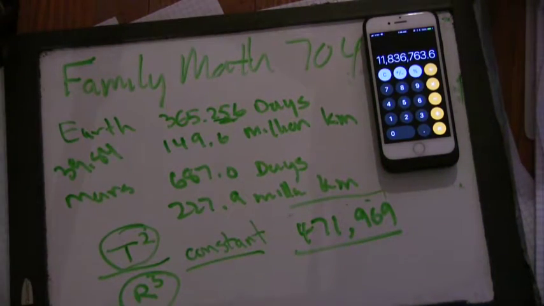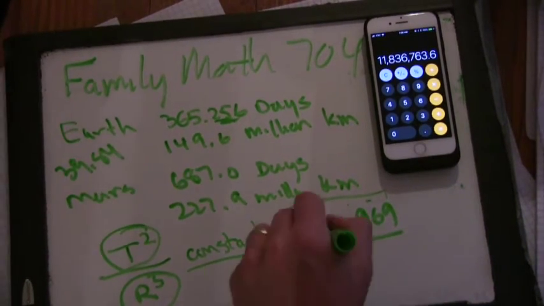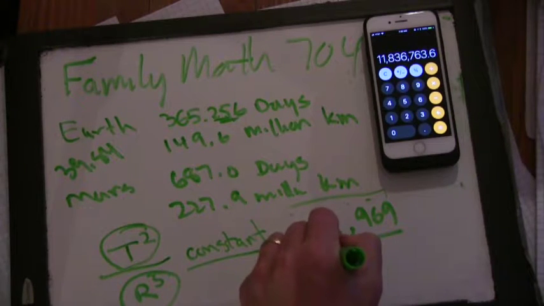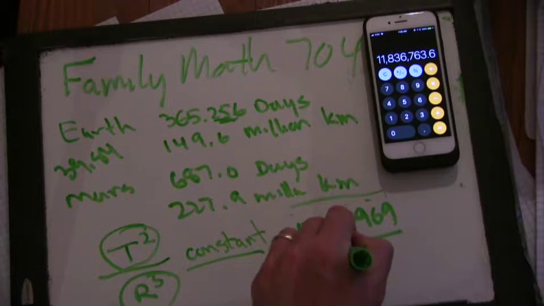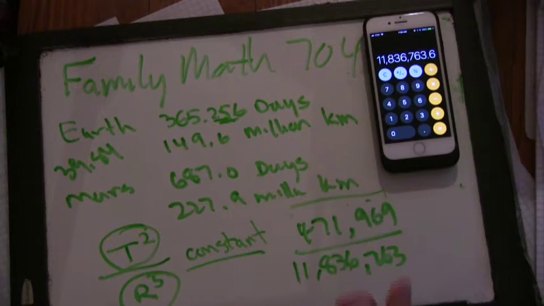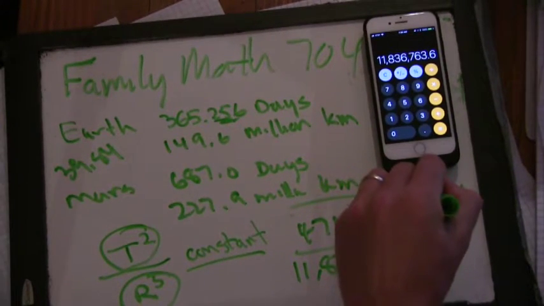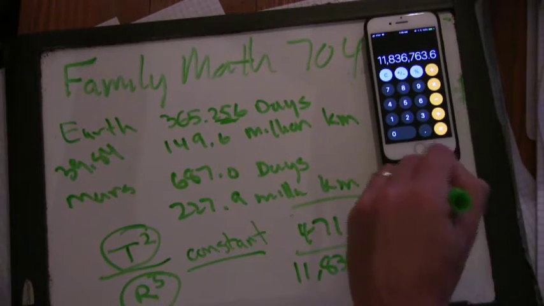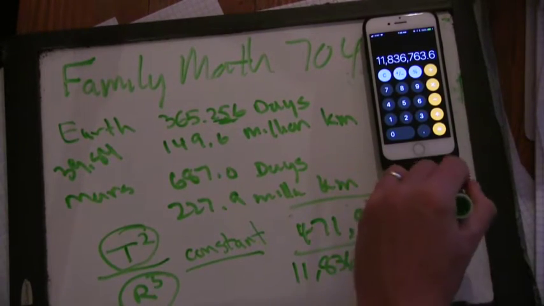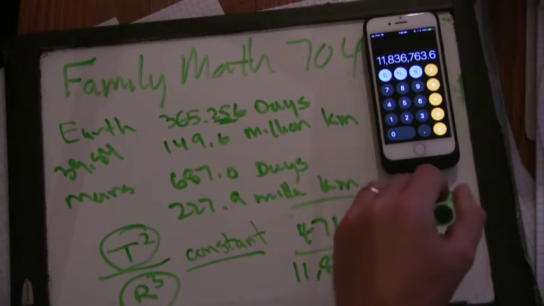Equals 11,836,763.6. So I said we're going to do thousands divided by millions. So 471.969 divided by 11.836.